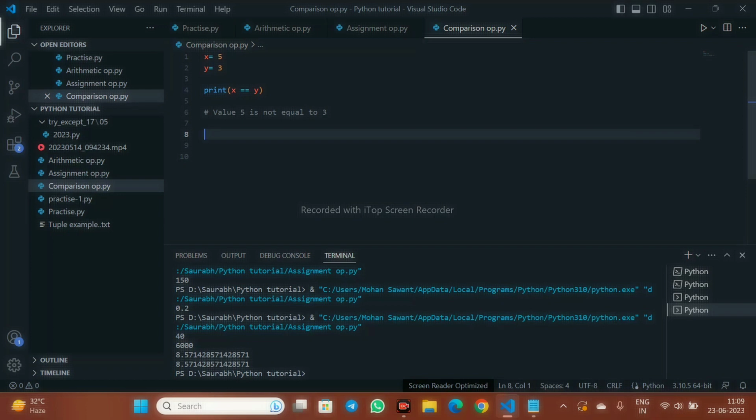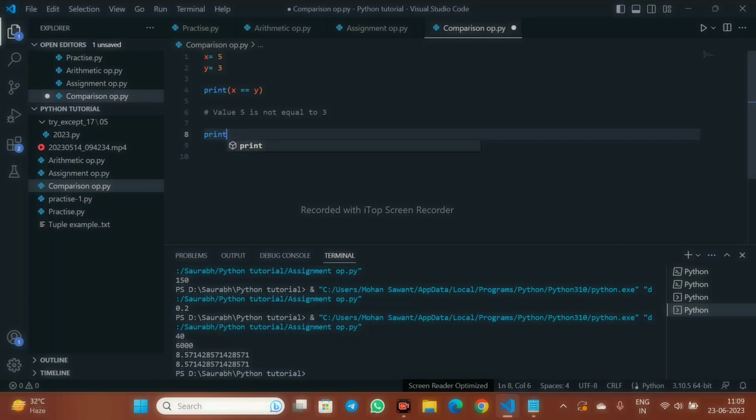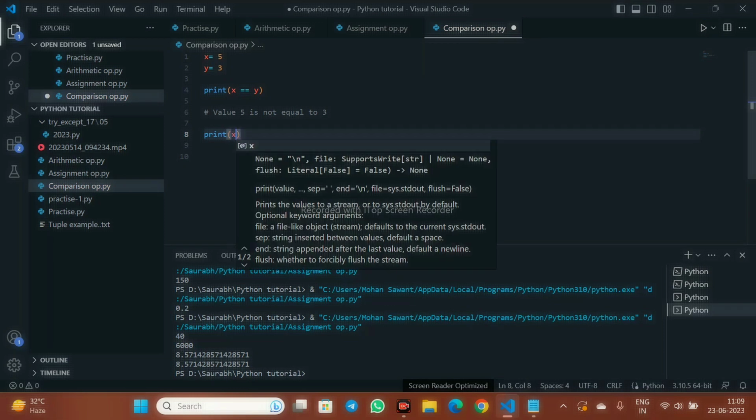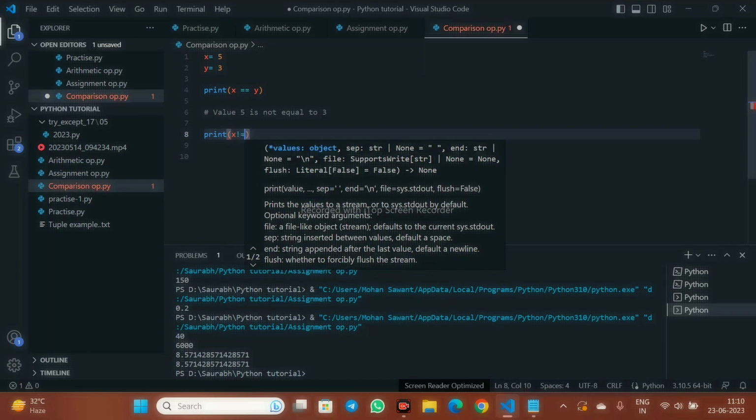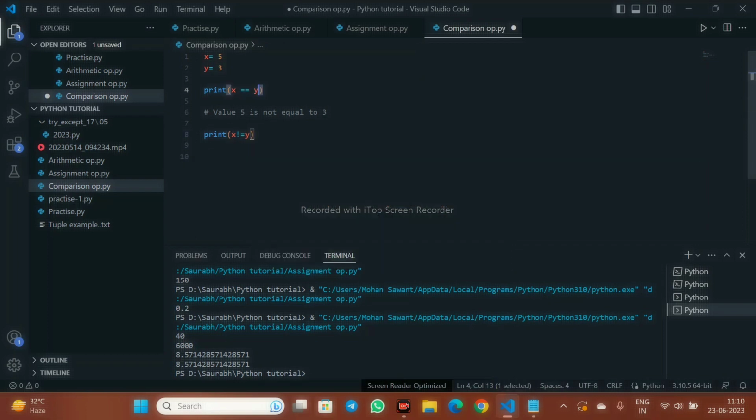Similarly, if I go to the next operator, like print x not equal to y, and I will do print here.